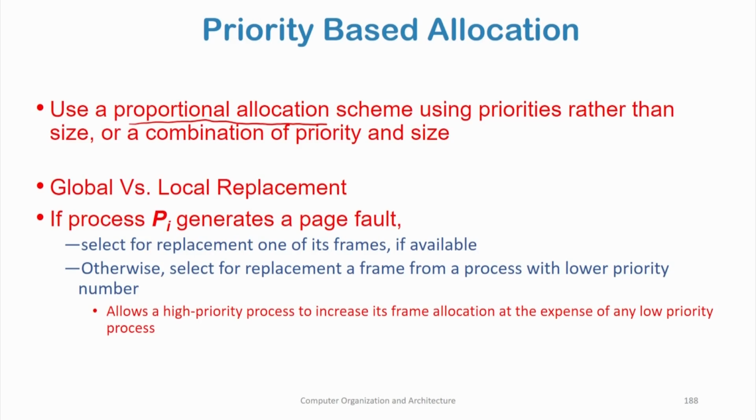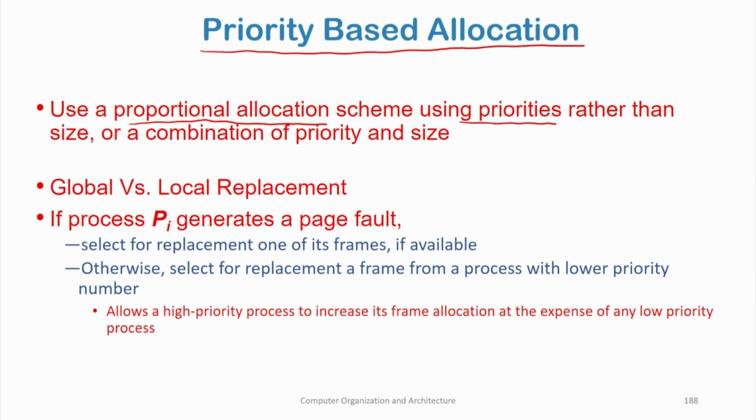Now, to take care of this, we can use a proportional scheme using priorities. That means, instead of the sizes of processes in terms of the number of pages it requires, we can proportionally allocate frames to processes based on the priority of the processes.